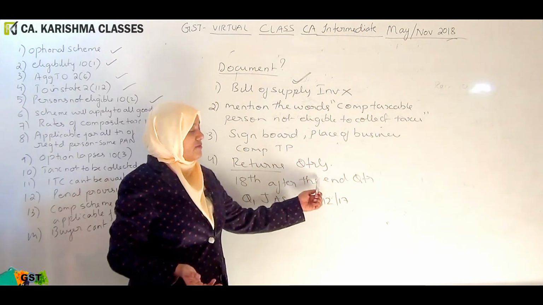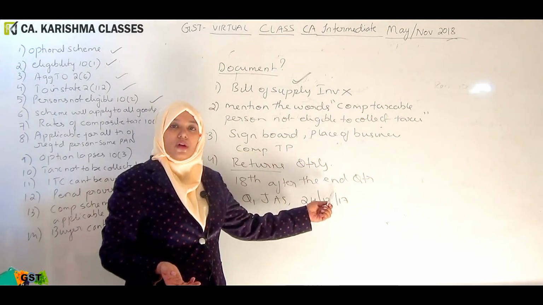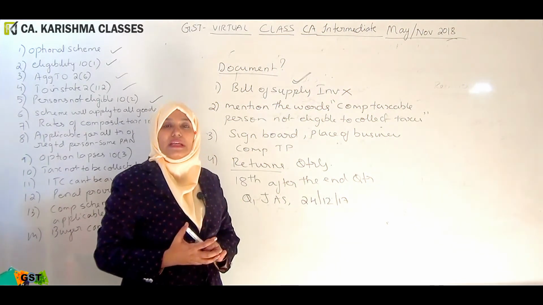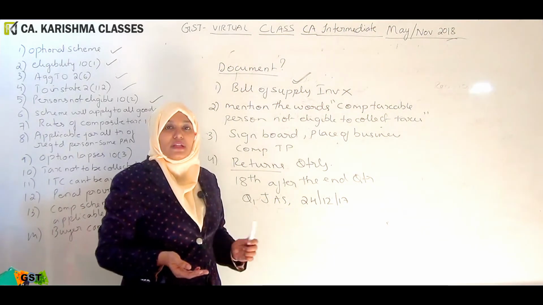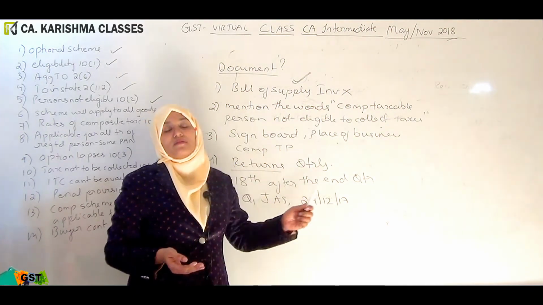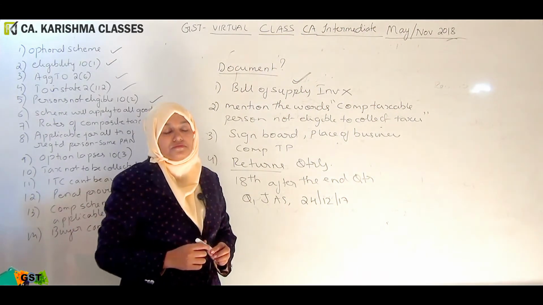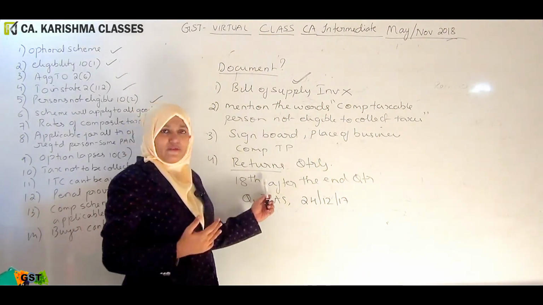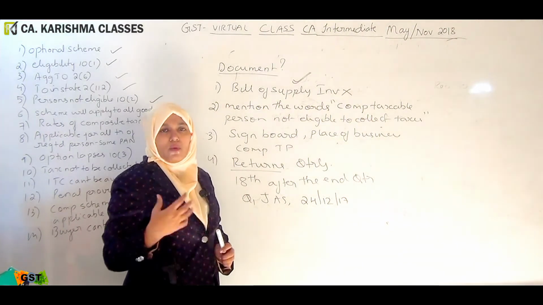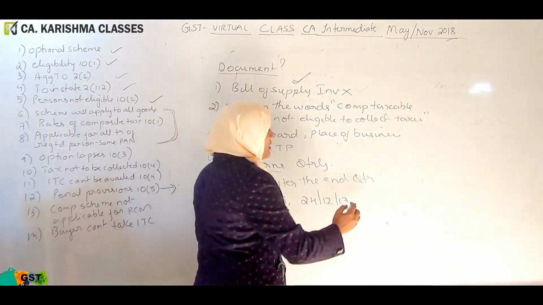The law is saying within 18 days from the end of the quarter, but who was ready to give it within 18 days? So that's why the first quarter itself they have submitted by 24th December. The time got extended like that. Then you will get doubt. We have to do all this in returns chapter. What is the name of that?